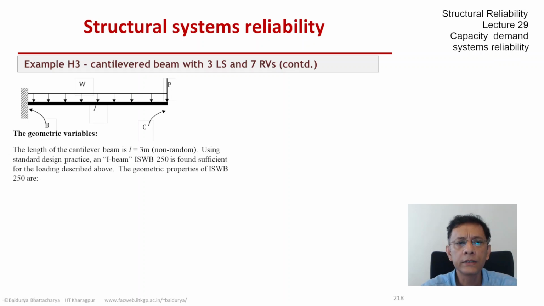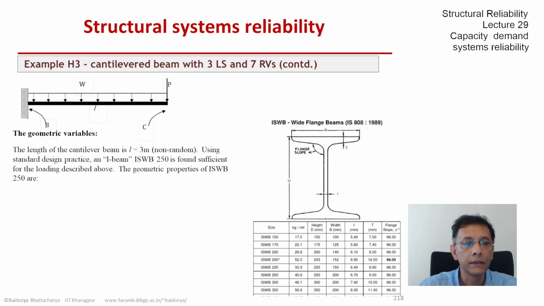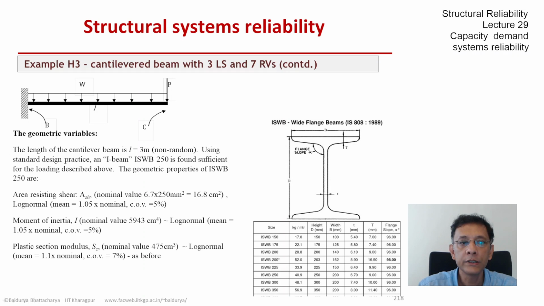Now let us use some real sections and values of these geometric properties through a design. So let's say we have gone through the design, and it turns out that ISWB wide flange beam 250 is the appropriate beam selected for this load, and the geometric properties along with the randomness is R. So the area resisting shear has a nominal value of 16.8 square centimeters.